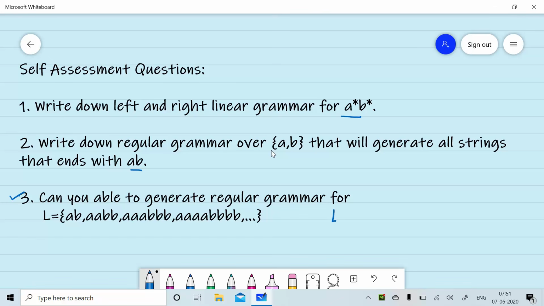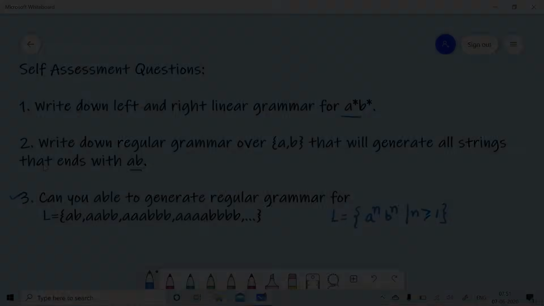What it means is L is of the form a to the power n, then b to the power n, and n is greater than or equal to 1. Hopefully now you can understand how to design left linear and right linear grammar for regular languages. Thanks for watching this session.